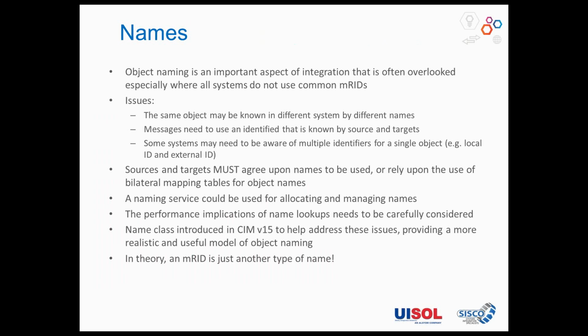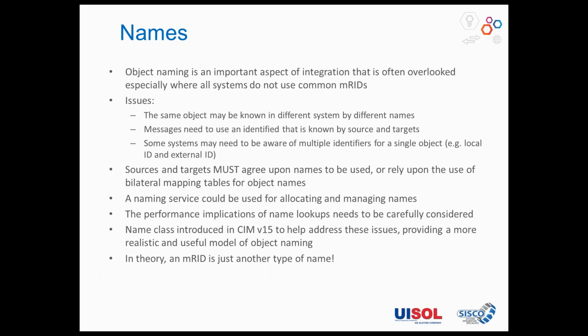So we came up with a proposal, and we submitted it as an issue to the standards group, and this particular one went to Working Group 13 because Working Group 13 has the core of the CIM. So the common areas and the major core portions of the CIM are contained there. And we presented it to them. We had joint meetings between many of the working groups to work this out. It took us a couple of months, and we came up with a modeling structure for names, and that is now contained in CIM 15.